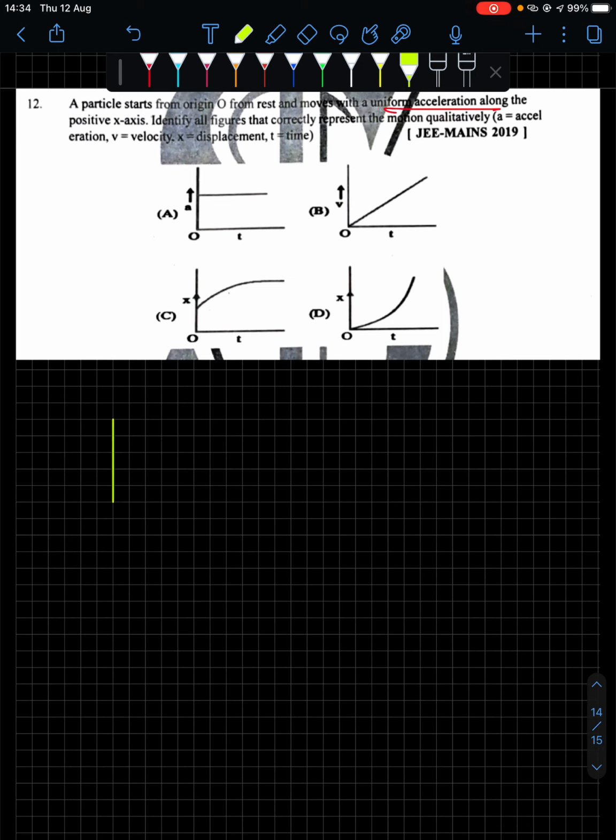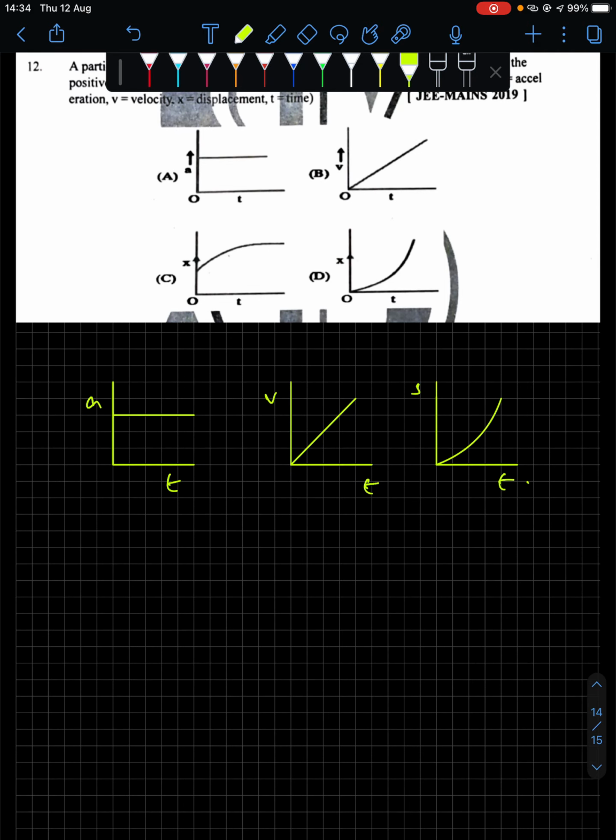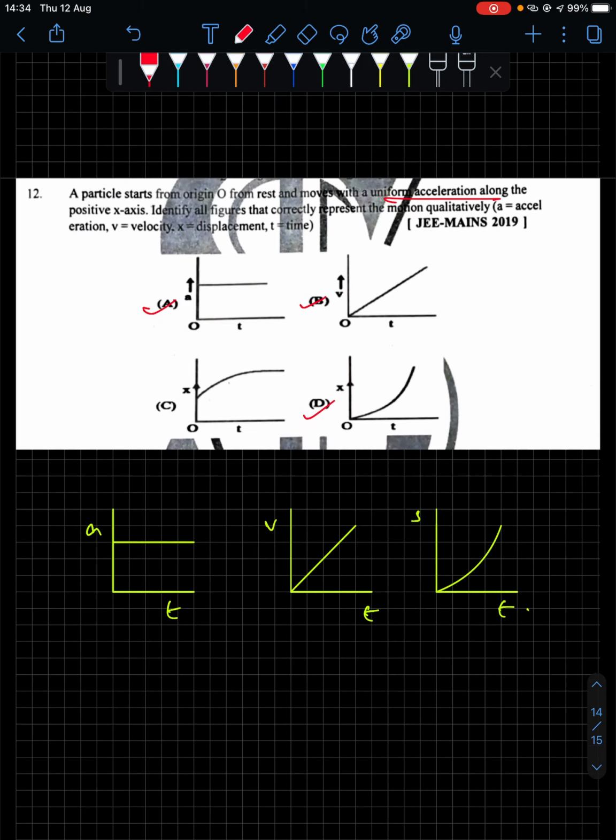So when a particle is moving with constant acceleration, the at graph will be like this. vt graph will be this way, positive slope, and st graph will be parabolic, increasing. So only option number C is wrong. So A, B, C, all these three are your answers.